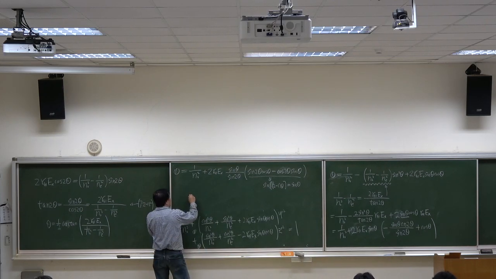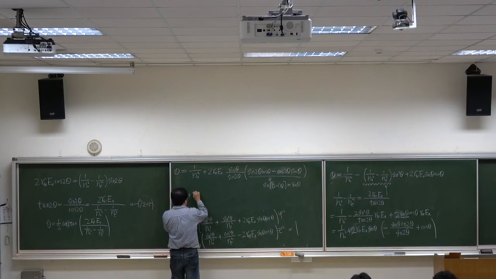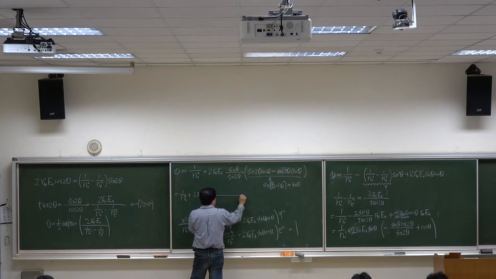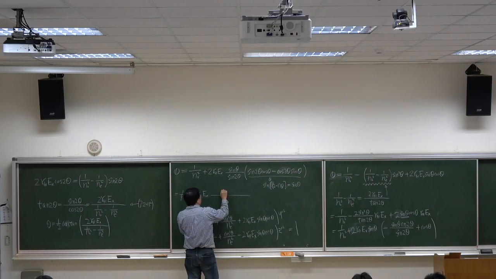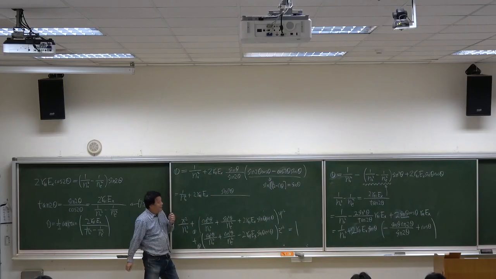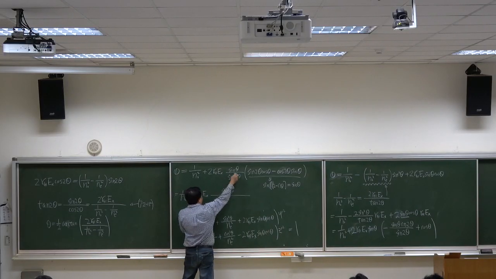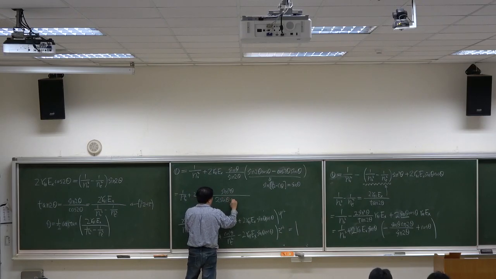So now we have 1 over no squared plus 2 r41 Ex times sine squared theta. Okay, and here sine 2 theta means 2 sine theta cosine theta.